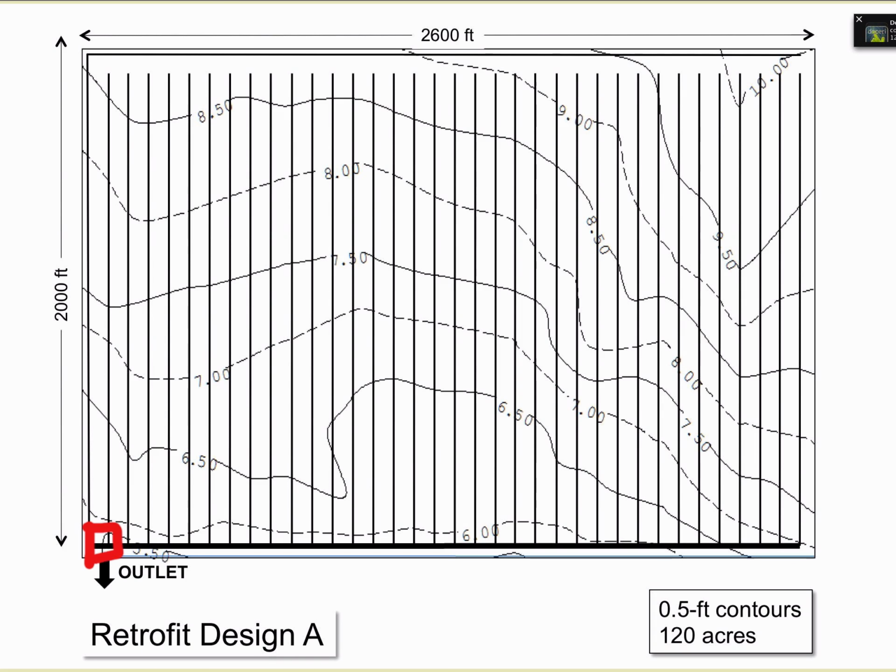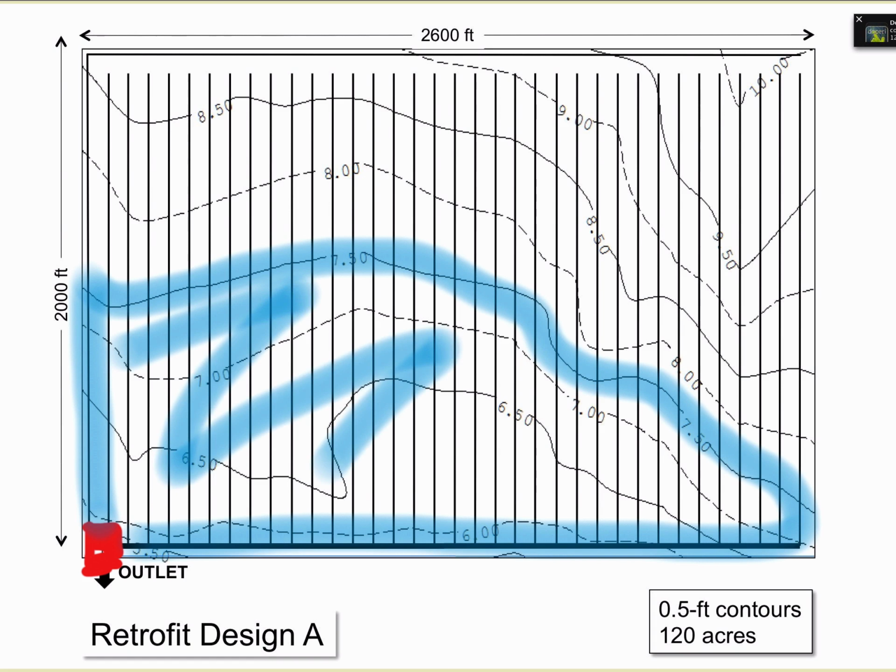I've got a structure right here at 5.5 feet. And let me then sketch in a zone for a 2 foot elevation interval. That would go from the 5.5 foot contour to the 7.5 foot contour, and it would look something like this. And I'll just shade that in for us here.